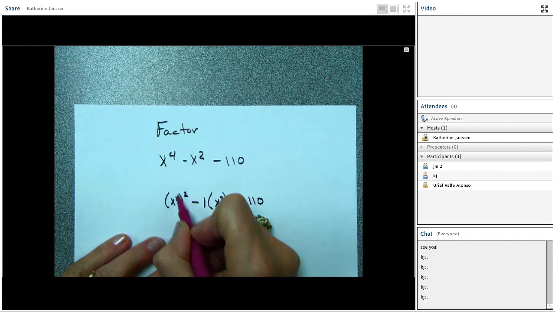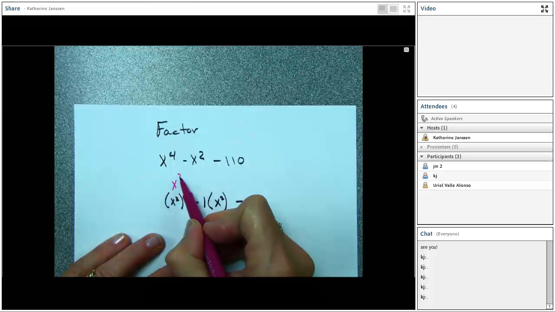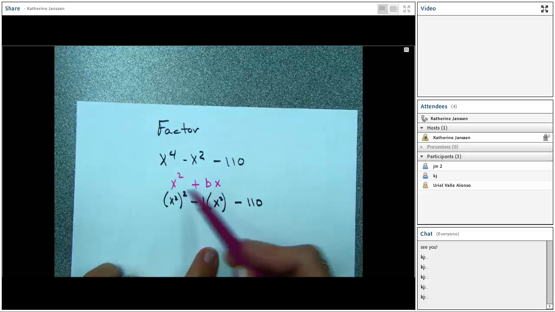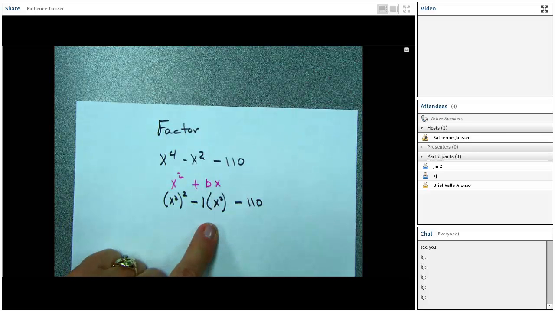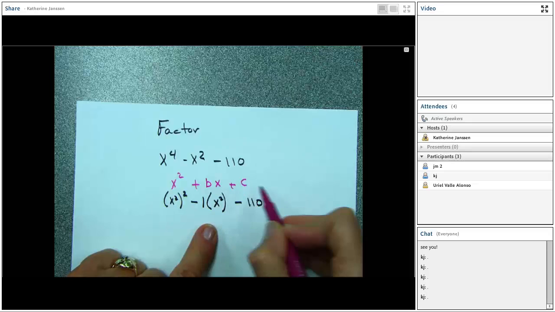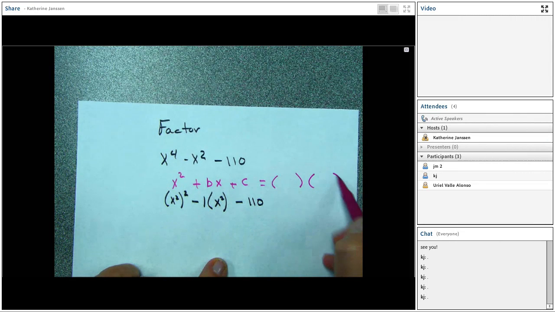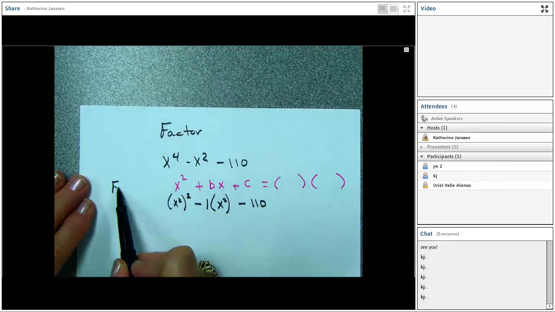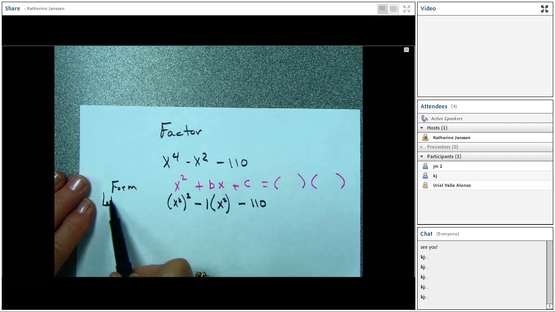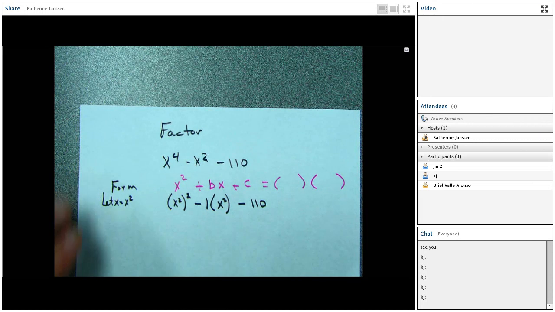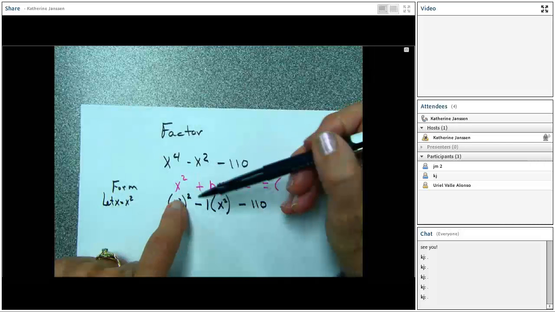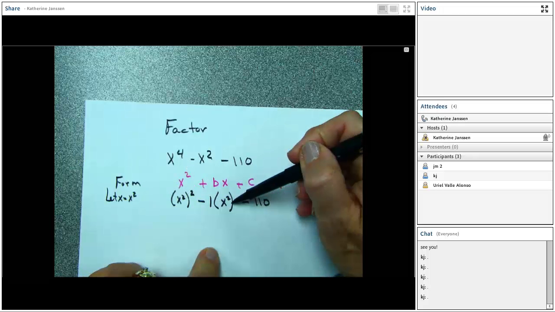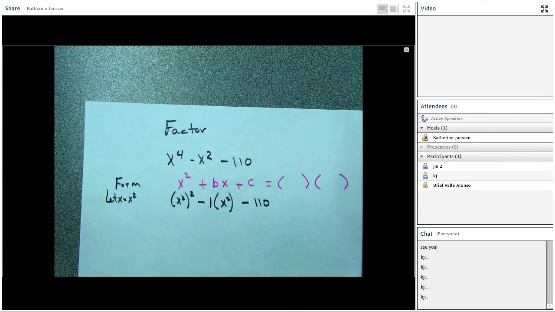Now I have a base squared plus something times a base plus my constant. So I expect I can factor this as a product of two binomials. So to get back to my form, we let x equal x squared, and then your constant.